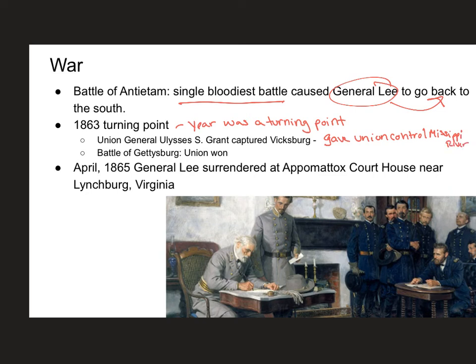That was a big deal because then they could transport goods back and forth. The Battle of Gettysburg, the Union won, and it caused Lee's army to be weakened.